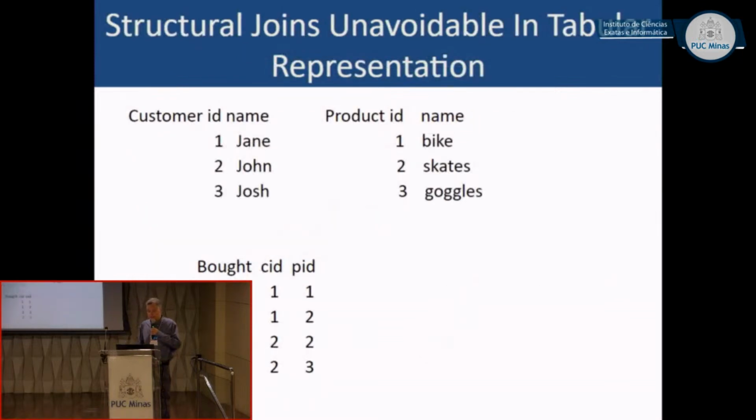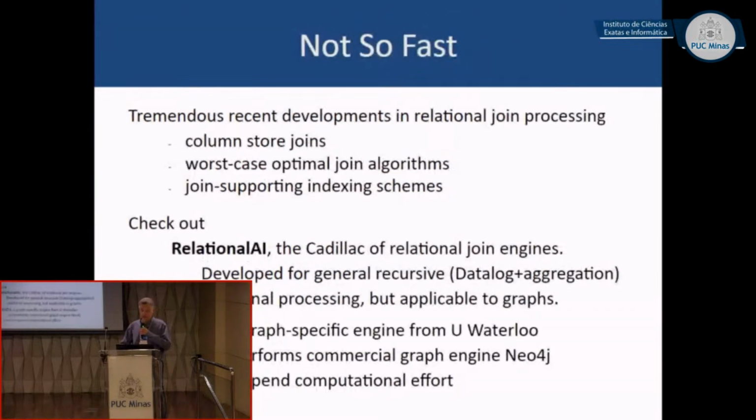Except, yeah, of course, imagine doing this over the tables. This is going to take some computation. But let's not forget that recently we have seen tremendous improvements in relational join technology. We have seen the advent of column stores and the joins related to them, worst case optimal join algorithms, the join supporting indexing schemes.